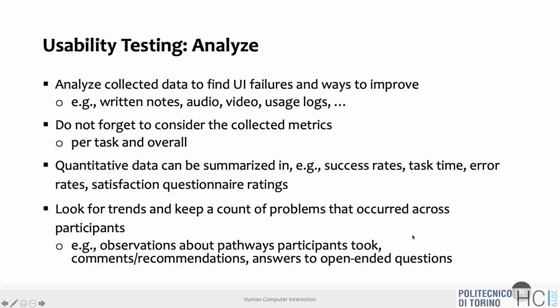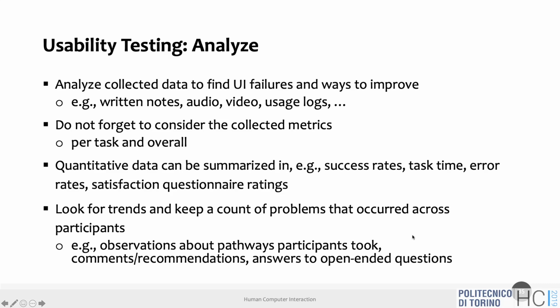The other thing, besides summarizing, is to look for trends and keep account of problems that occurred across participants. So not just one participant and their problem, but also a problem that participants A, B, and F have. So, observation about the pathway the participant took in using the application.